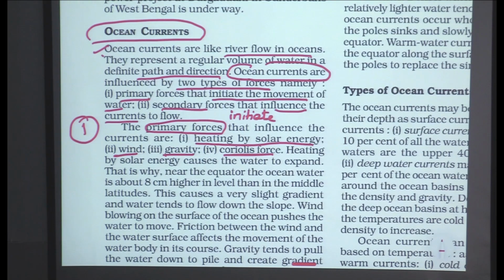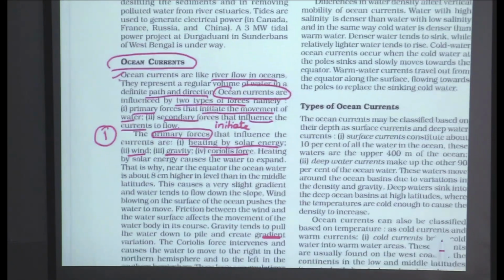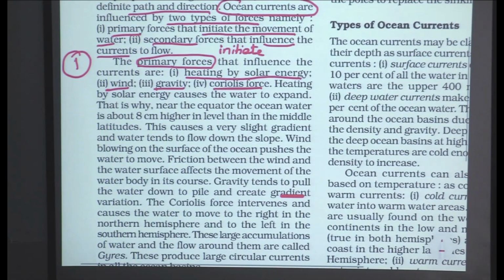And which are the primary factors then? The solar energy, the wind, the gravity and the Coriolis force. Heating by solar energy causes water to expand, and that is the reason in the equatorial region near the equator, ocean water is about 8 centimeters higher in level than in mid latitude.